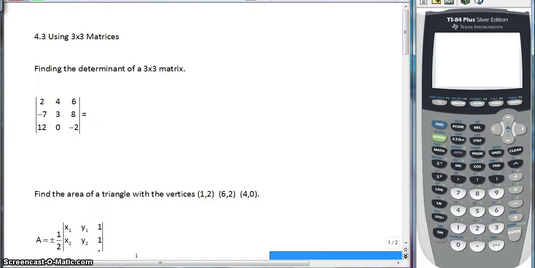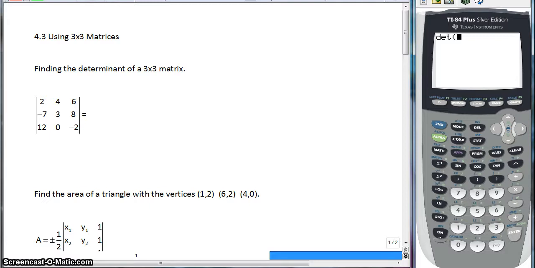So now what we're going to do is we're going to take the determinant. So to take the determinant of that matrix that you just entered, you have to go back to the matrix menu by clicking second matrix, slide over to math, and determinant is number 1. So you click number 1 or press enter when it's highlighted. And now you need to go back and get that matrix.